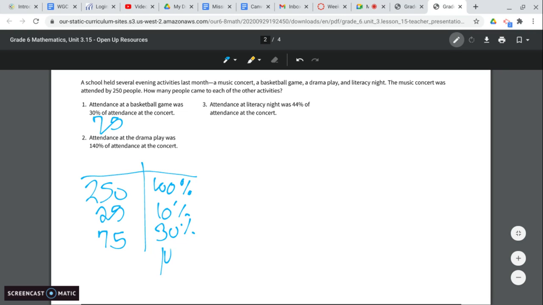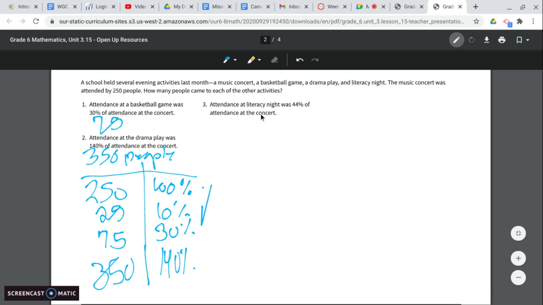So we've got our 140%. And if we add each of these together, because 110 and 30 all adds to give us 140, so add these all up, we're going to find that it's 350. So 350 people were at the drama play.